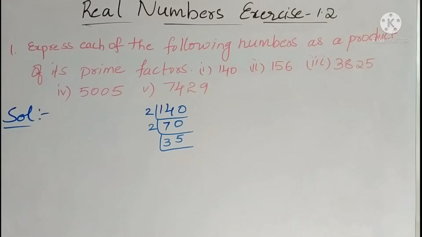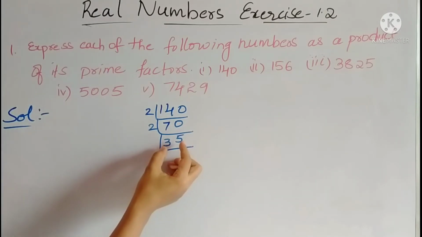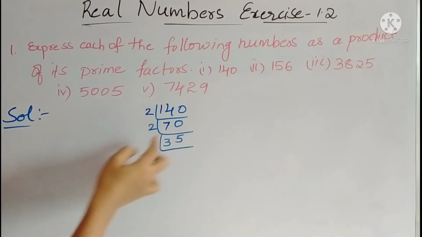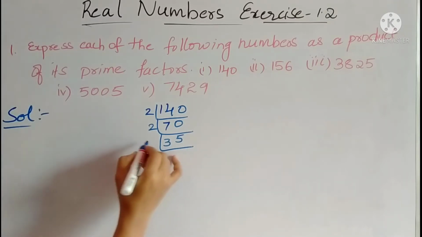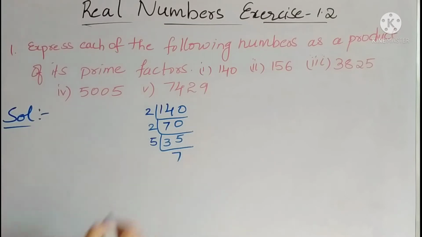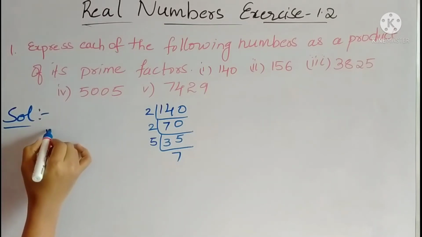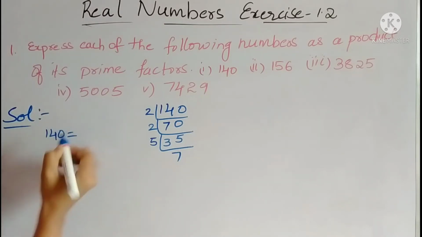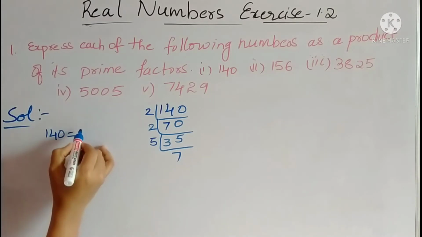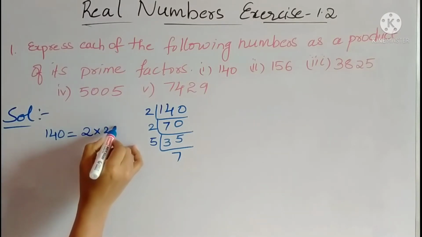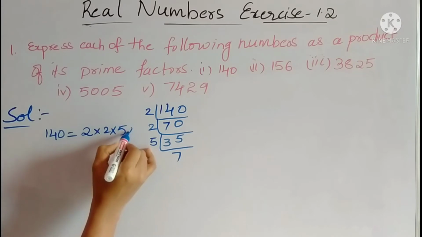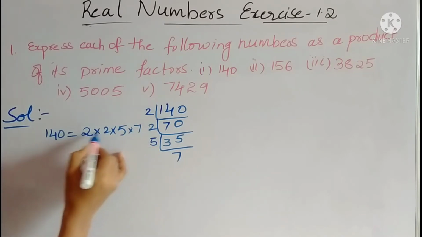And the next prime number 3. If we add these digits, sum of digits, 5 plus 3 is 8, it is not divisible by 3. Okay, next prime number 5. So 5 sevens are 35, right? So clearly we can write 140 as 2 into 2 into 5 into 7.